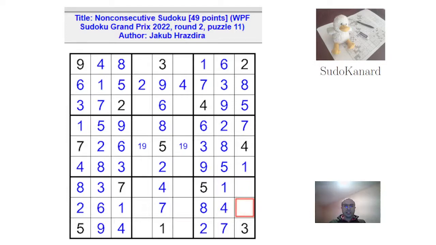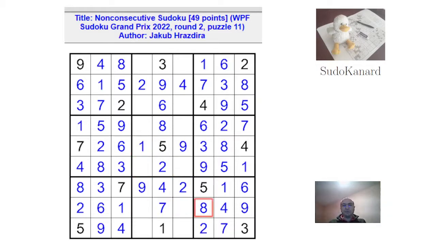Here we need 6 and 9, but there's a 6 here. Here we need 2 and 9. Pencil marks. Here we need 3 and 5. Oh, sorry, there's a 2 in this column already, so we get a few digits.